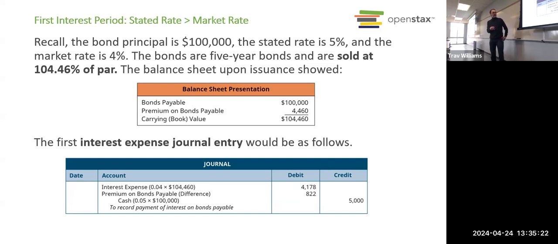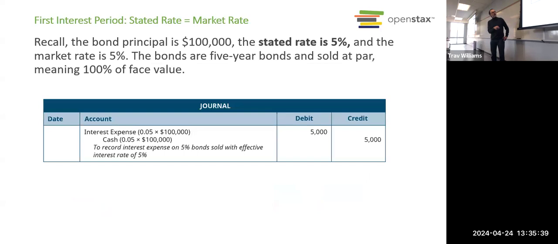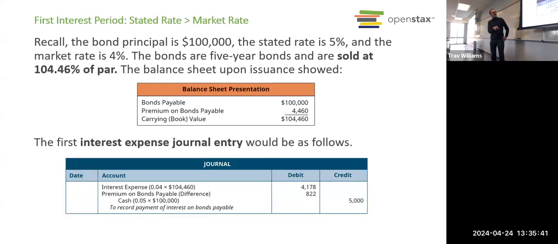Part of that $5,000 is interest expense, but part of it is the amortization of the premium, right? You might recognize those numbers. That was the first year's amortization. I think that was a ways back, so I don't want to go all the way back there.